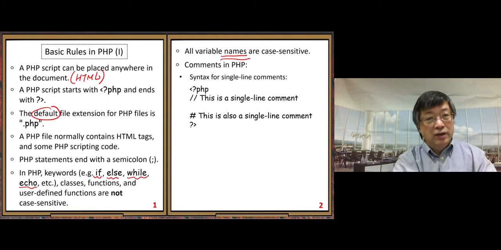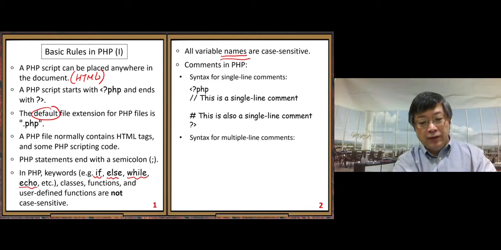The second one is the sharp or hash sign. That's a special sign, and you can also use it to write your comments, but it's a single-line comment. The third one is the syntax for multi-line comments.